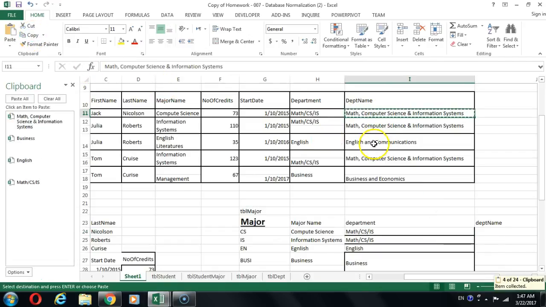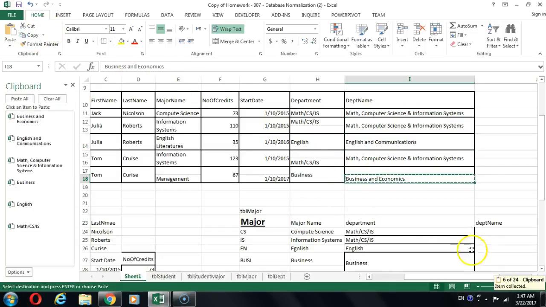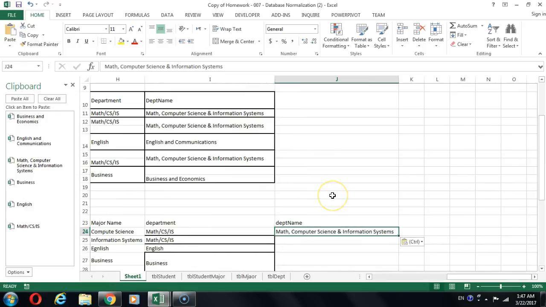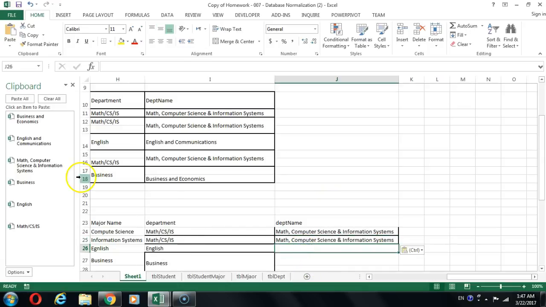Copy this one here, and this one here, copy as well. So now we have department name, which in this case is going to be this one, and also the second one is going to be this one. For the English, it's going to be English and communication, and the business is going to be business and economics.